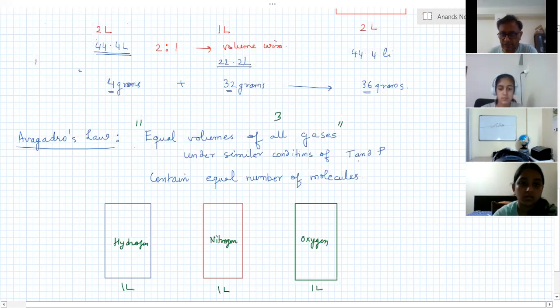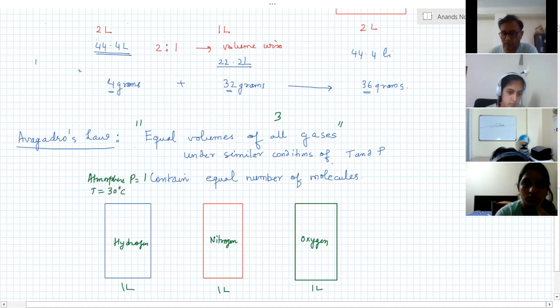Under similar conditions of temperature and pressure means we are all taking it in the same room. I am in Bangalore. I'm assuming the atmospheric pressure is 1, some 76 centimeters of mercury, whatever it is, and I'm in the same room, so the temperature is like 30 degrees centigrade. That is what it means.